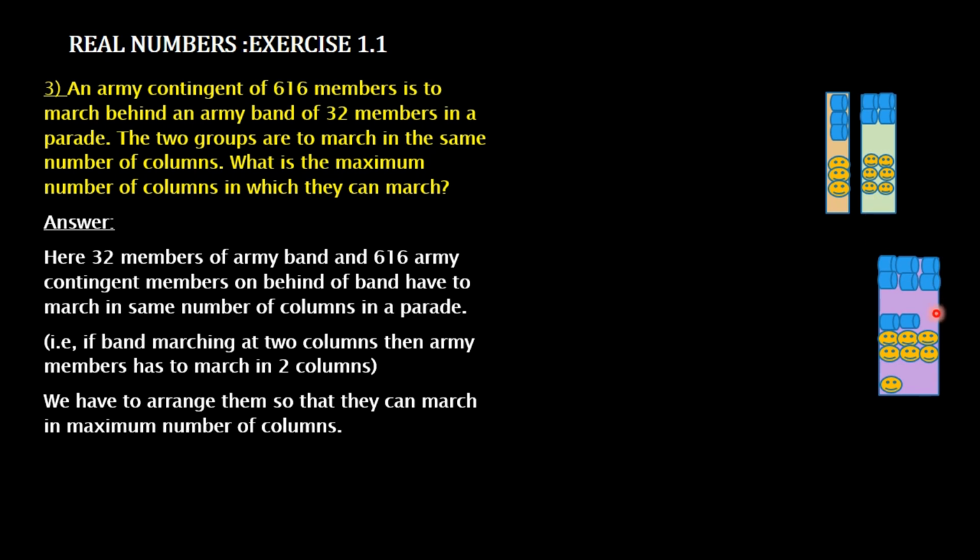That is, in the 11th row of this army band, one last seat is vacant here. Okay, one last person's position is vacant here. Then for the 616 members, 2 positions are vacant here.